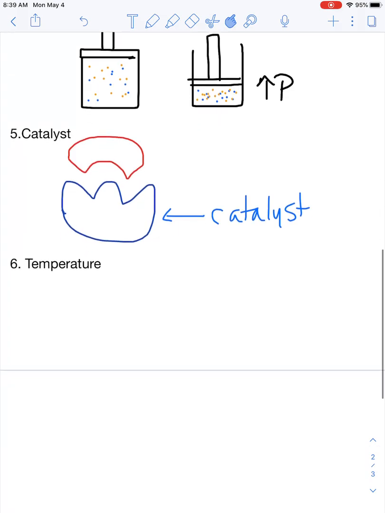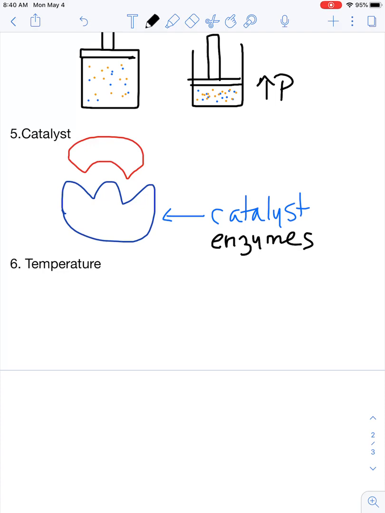Okay, two more. Catalyst. A catalyst doesn't really affect collisions, it affects the positioning of the reactants. You may remember this from biology. We call catalysts in biology enzymes. An enzyme is a form of a catalyst. There are many other catalysts.